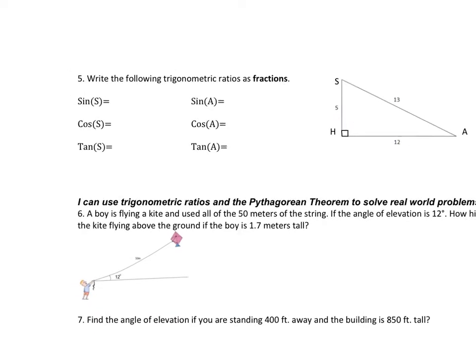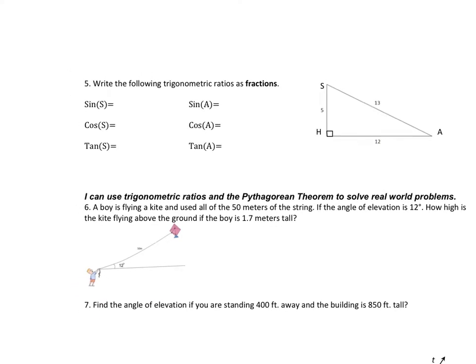All right, number 5. So here all we're doing is writing it as fractions. So we're looking at sine of S. So from S, let's label all our sides. So 13 would be our hypotenuse, 12 is our opposite, and 5 is our adjacent.